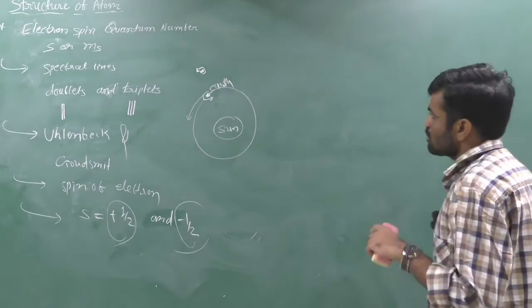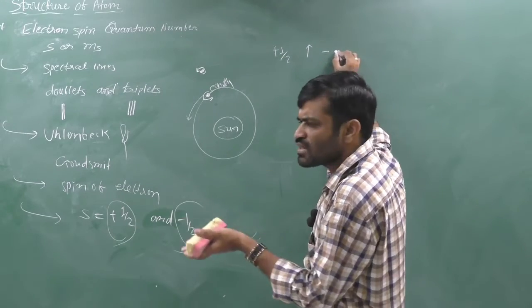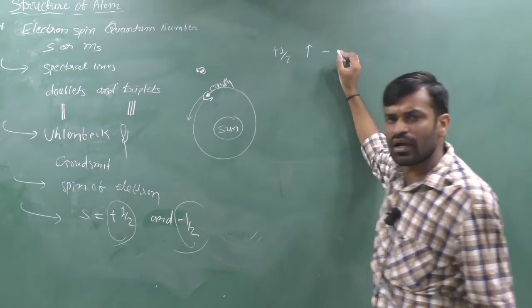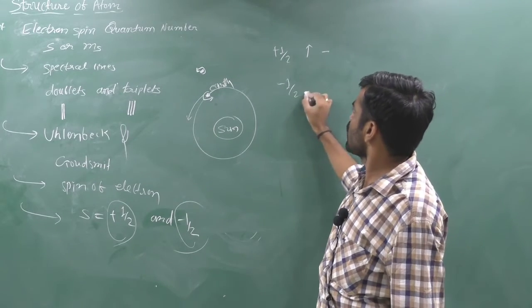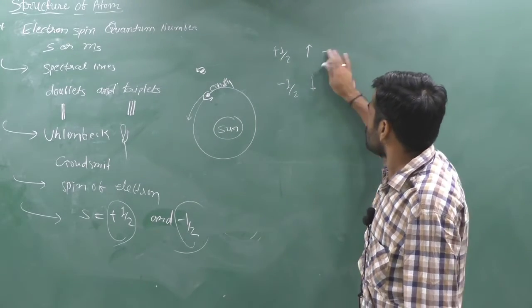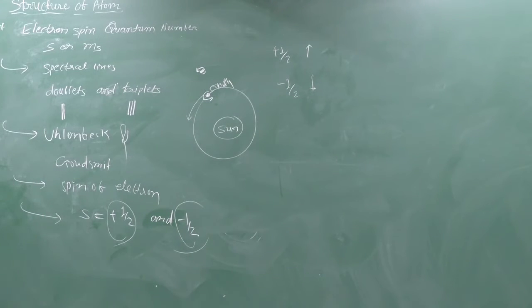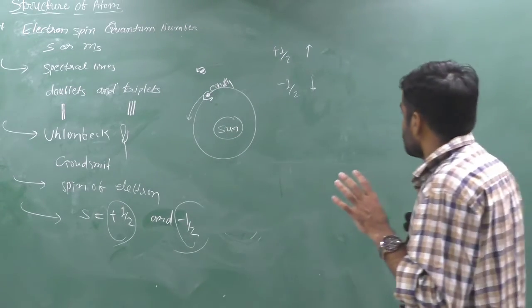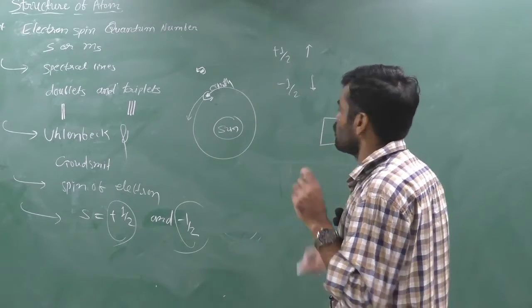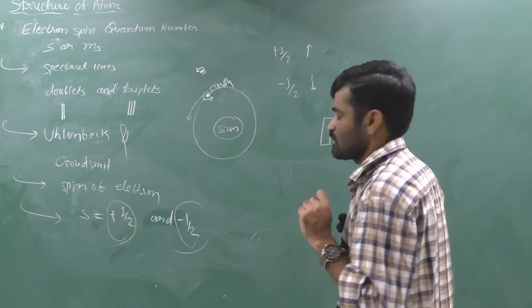Plus 1/2 is generally shown with an upward arrow, which says it can have a clockwise orientation, and minus 1/2 is generally denoted by a down arrow, which says it can have an anti-clockwise orientation. Clear? So if any electron is in any orbital, it can have only one type of orientation, either clockwise or anti-clockwise.